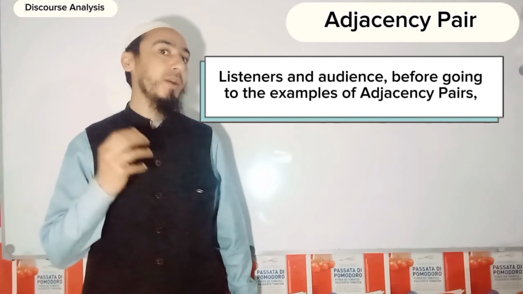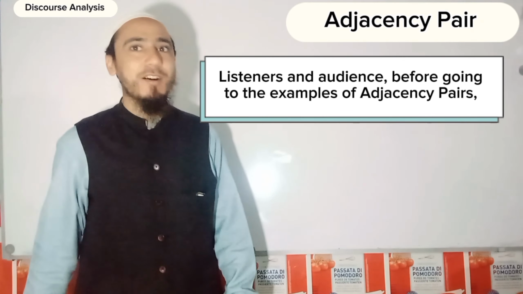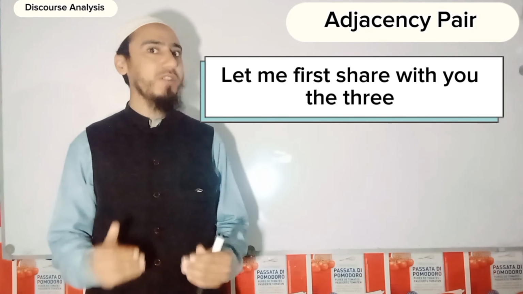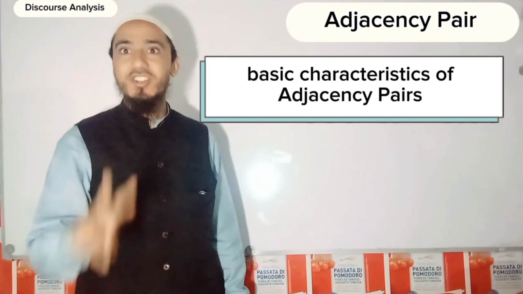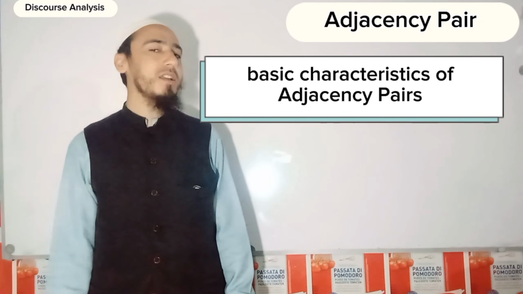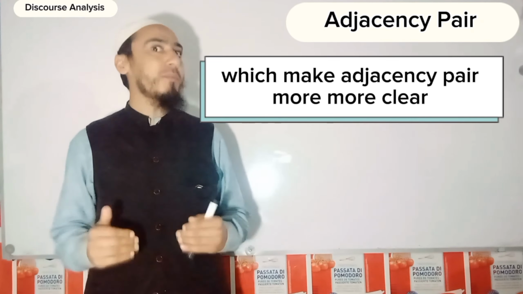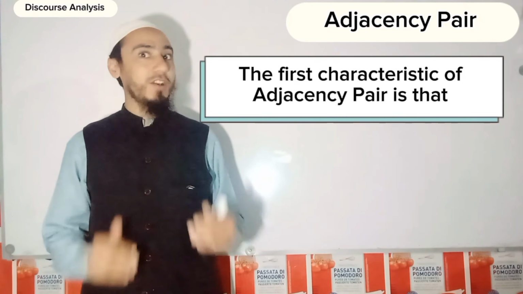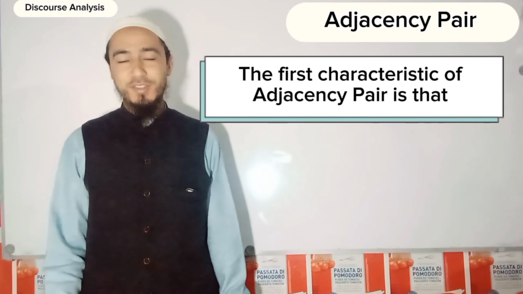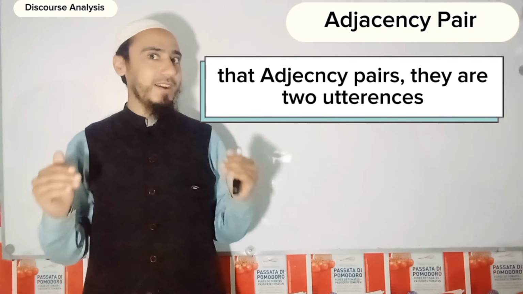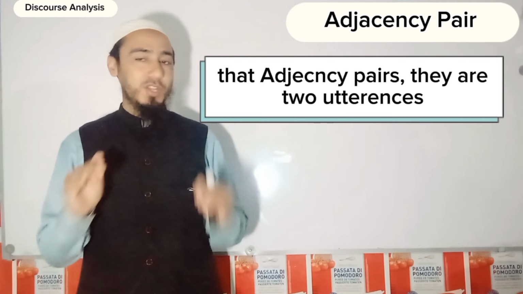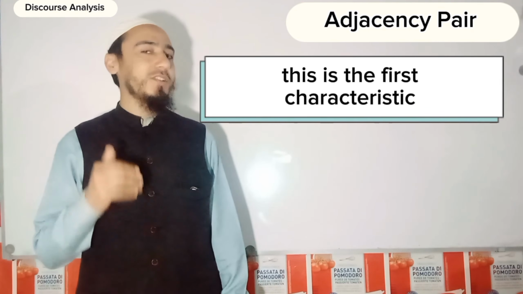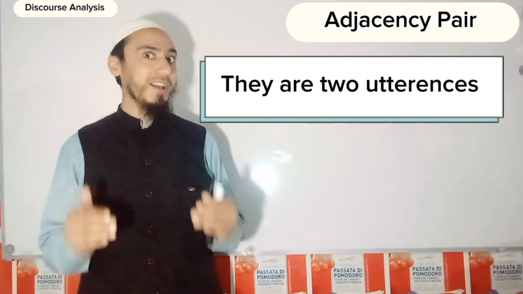Before going to the examples of adjacency pairs, let me first share with you the three basic characteristics of adjacency pairs, which make adjacency pair more clear. The first characteristic of adjacency pair is that they are two utterances.